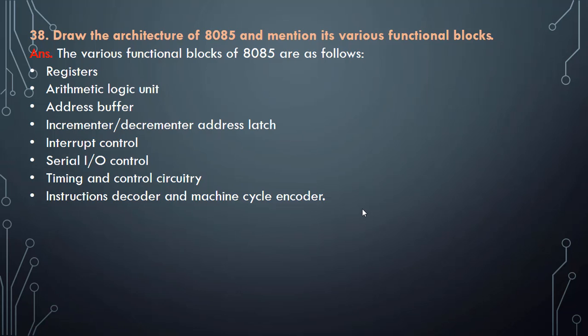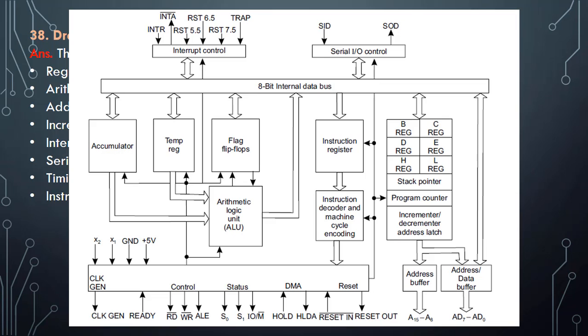These are the various functional blocks which make up the 8085 architecture, and these functional blocks are connected to several data lines or the 8-bit internal data bus and address bus. Here you can see the block diagram of the 8085 architecture, and all these components are connected via the data bus, address bus, etc.